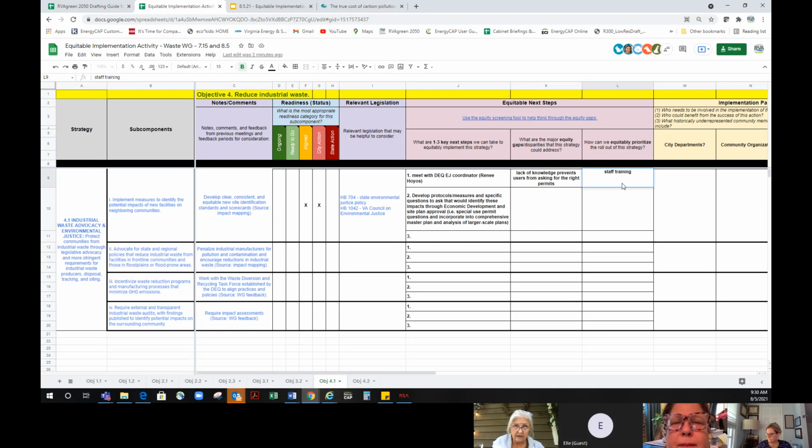And the more that it can be a part of the process in the applications and all that you have to go through to get any kind of permit to do anything, my gosh, there needs to be all of this kind of language. Maybe it's a complete redraft of the permits themselves.